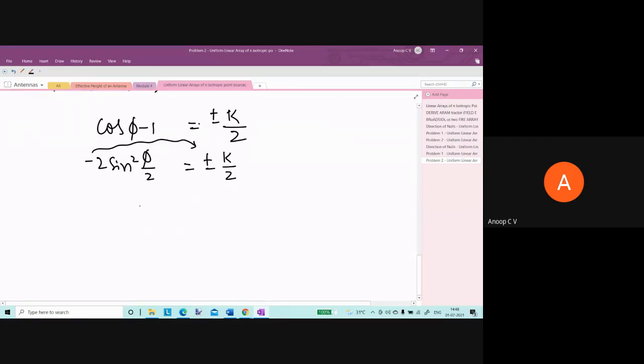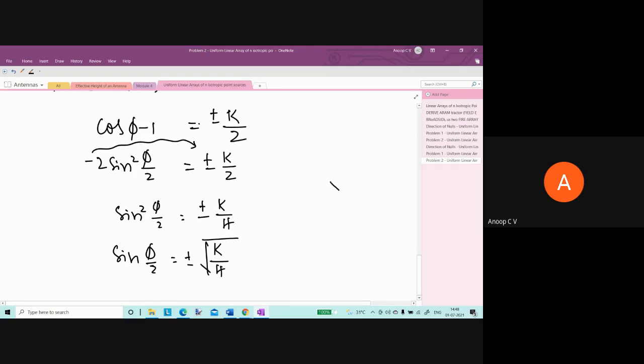So sine square phi by 2 is equal to plus or minus k by 4, which means sine phi by 2 is equal to plus or minus root of k by 4.